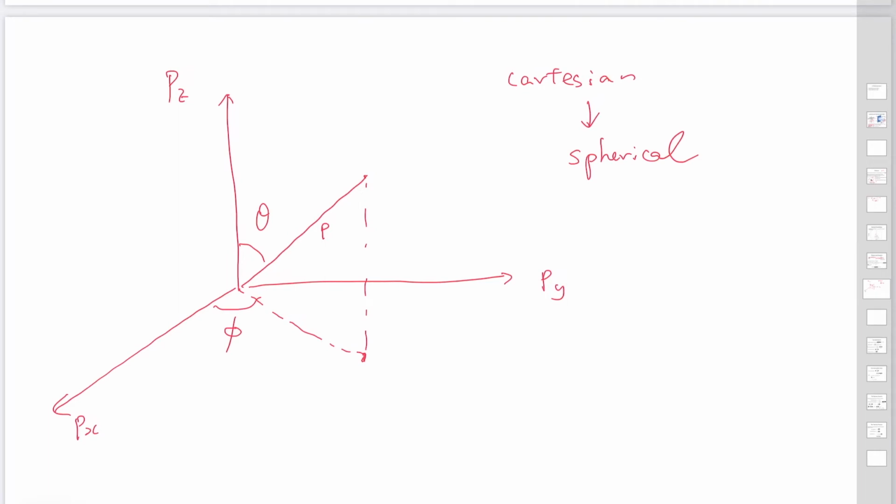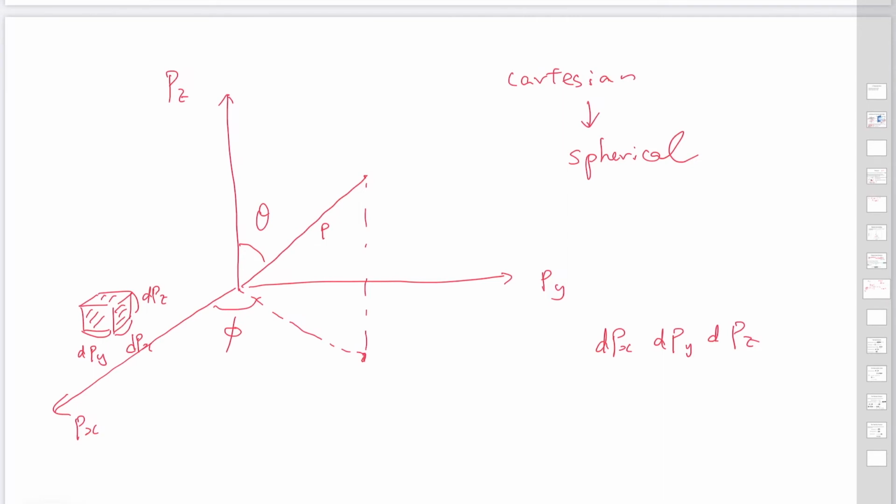So an integral like dp_x dp_y dp_z means you can create some small box. This is dp_x, dp_y, dp_z. And you can sum up these small boxes over the whole space.